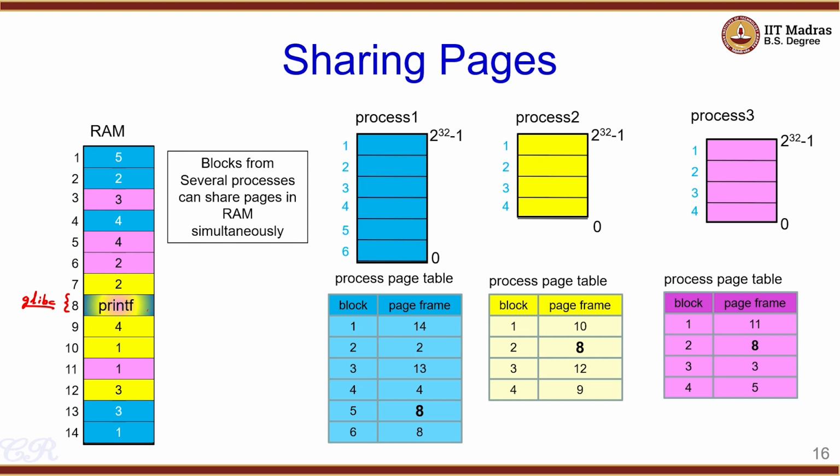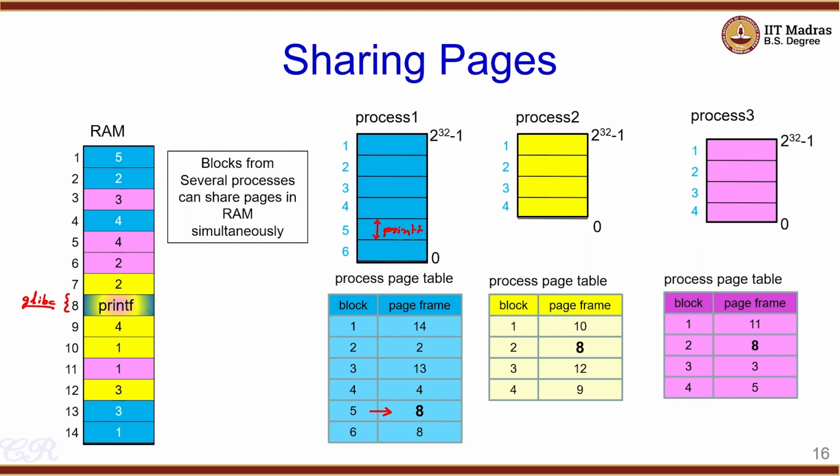So, here in process 1, block 5 can have printf, and my process page table maps 5 to page frame 8, which is the glibc library having the printf.